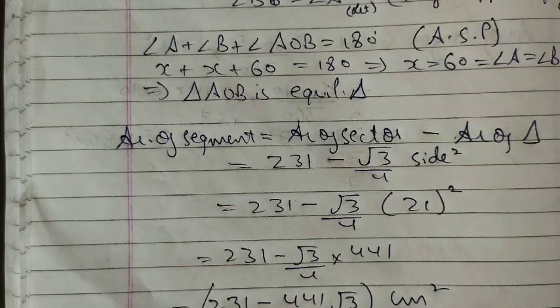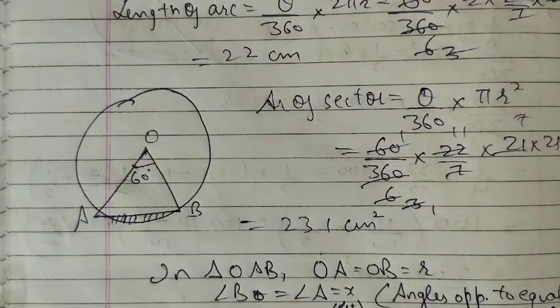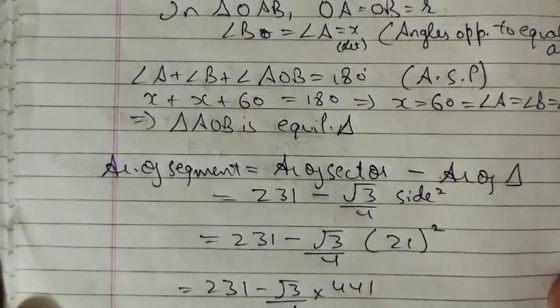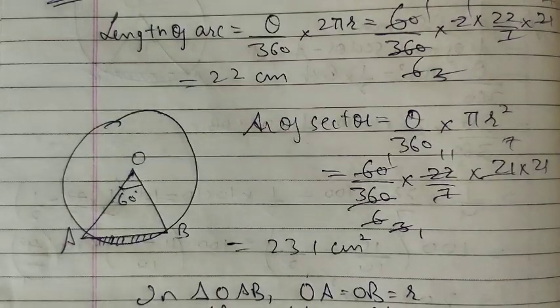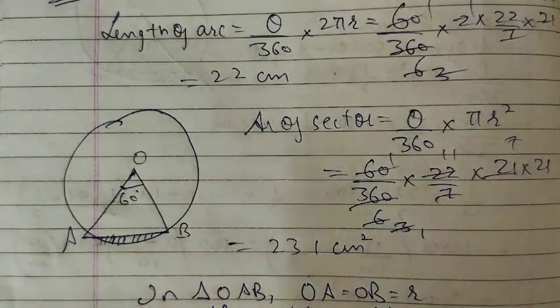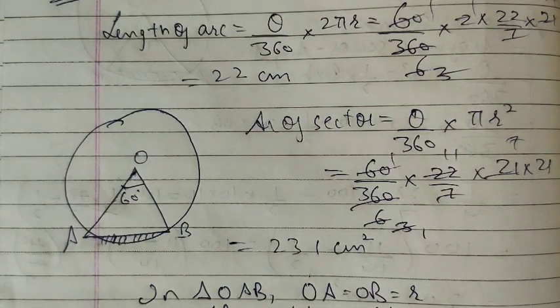Question number 5, you can just go through it. Firstly, we determined the length of arc, then area of sector, then area of segment. Now question number 6 is exactly similar to question number 5. In this sixth question also you have to find the area of minor and major segment.